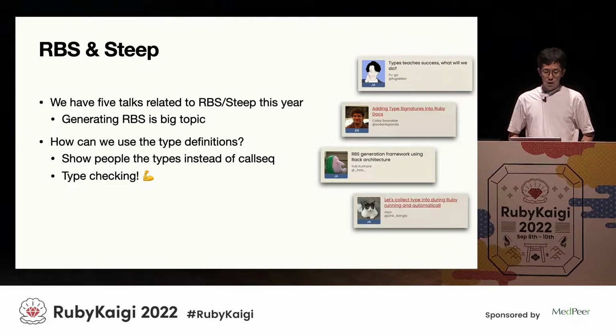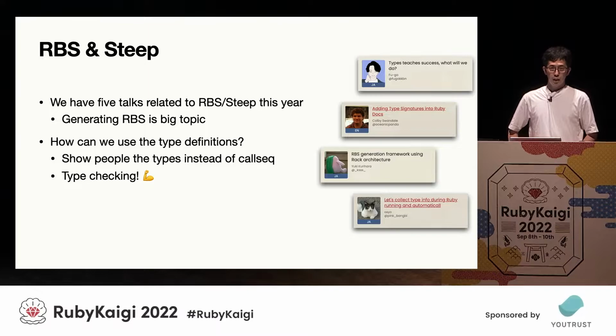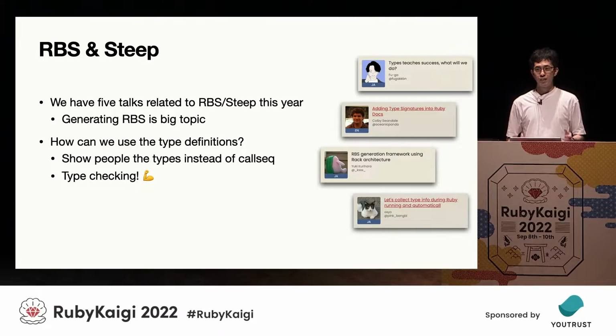This year, we have 5 talks related to RBS and Steep. It is really amazing to me. It was a really great experience to watch the live streaming from my home, with people talking about RBS or Steep.